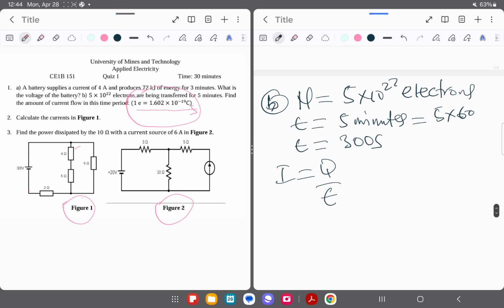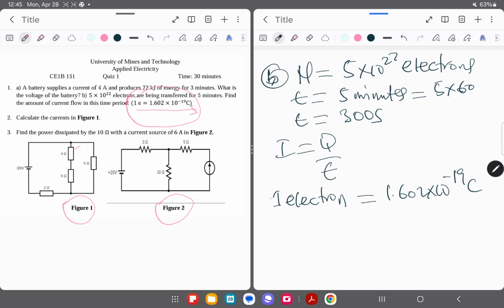So here we can calculate the magnitude of charge by saying that 1 electron is equal to 1.60 times 10 to the power minus 19 coulomb of charge.